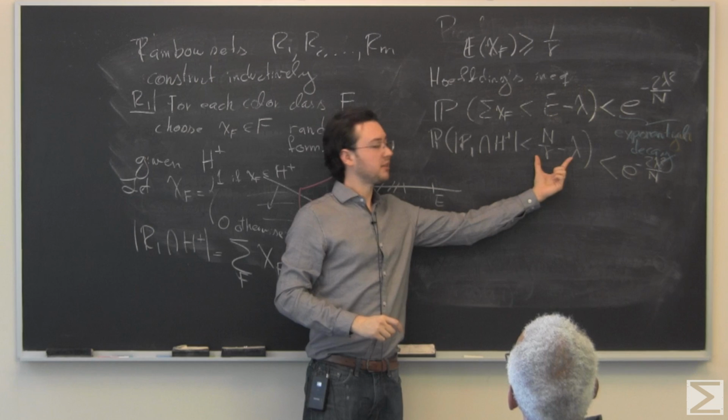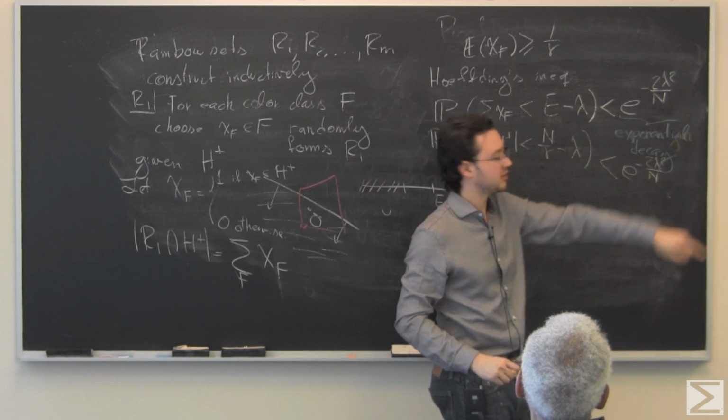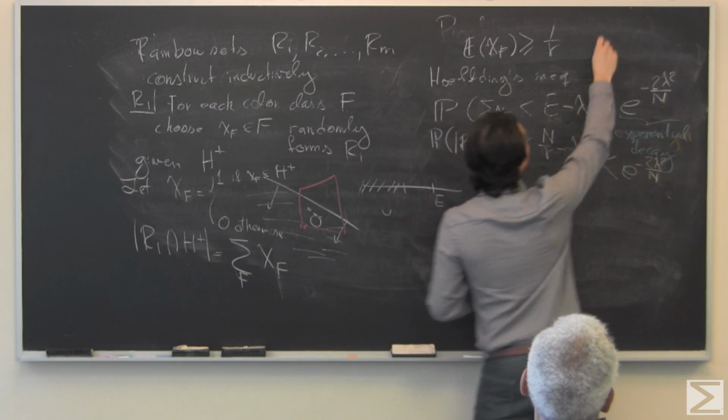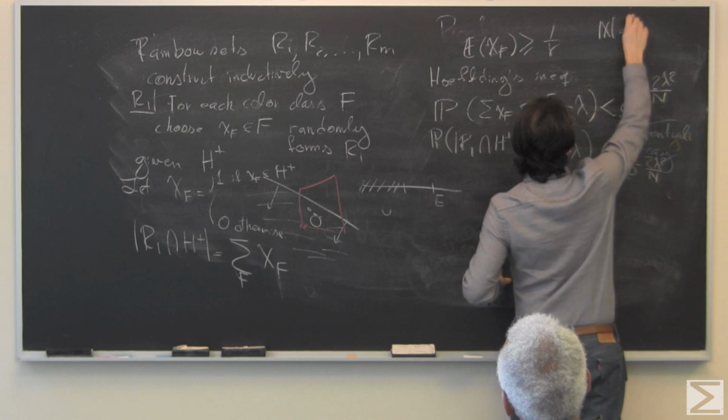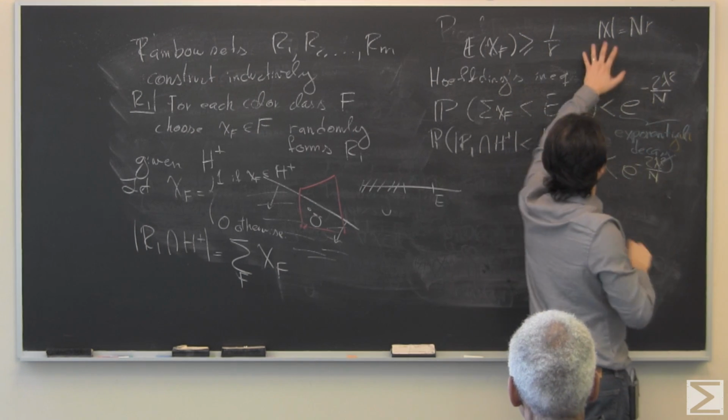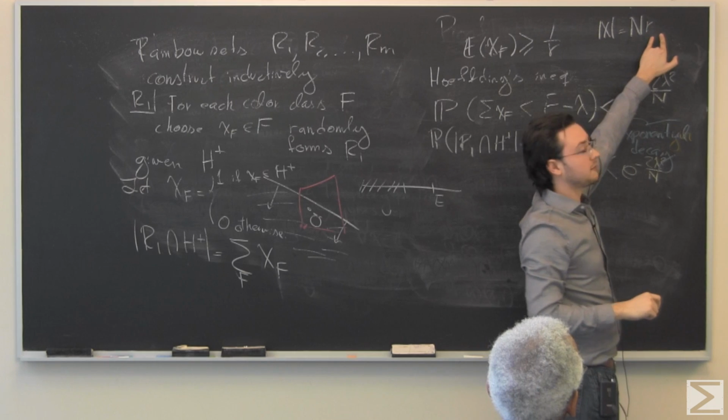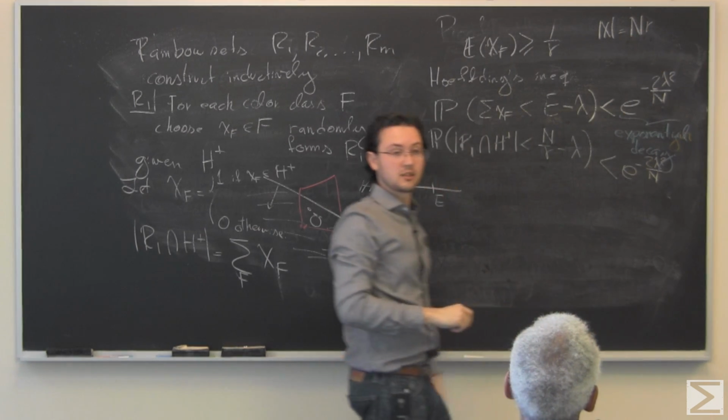And I only need to check that many half spaces. In this case, X is n over O, because this is the total number of color classes I have, and each of them has O points, right?